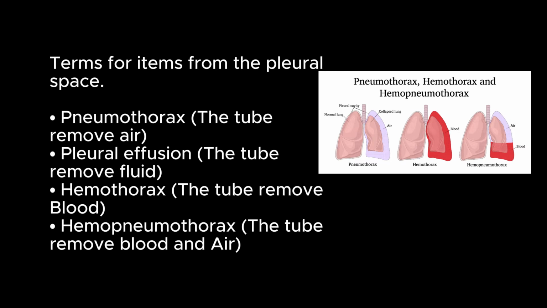Number 1, pneumothorax. Pneumothorax means that we have too much air in the pleural space and the chest tube is inserted for removal of air.